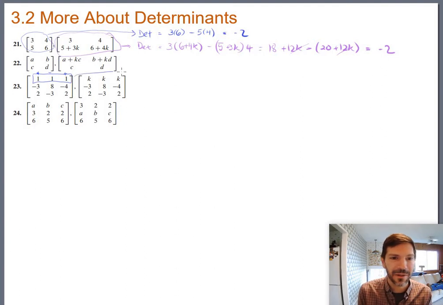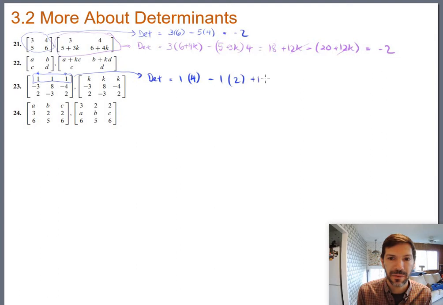So the determinant will be 1 times 16 minus 12. 16 minus 12 is 4. 1 times 4, minus 1 times negative 6 minus negative 8, so 2.